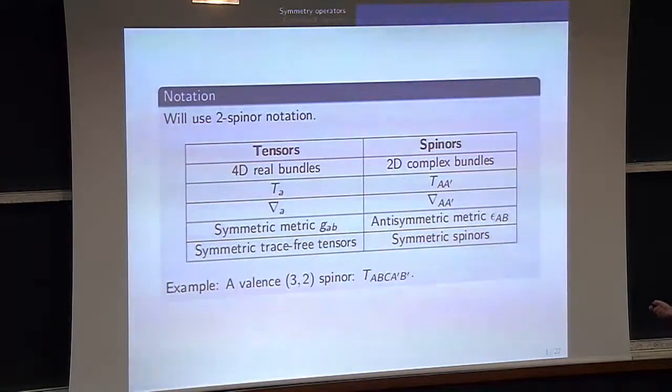So you actually automatically get the trace-free property if you have the symmetry property. This is just a simple example. We have two numbers for the valence, so valence (3,2) has 3 unprimed and 2 primed indices.